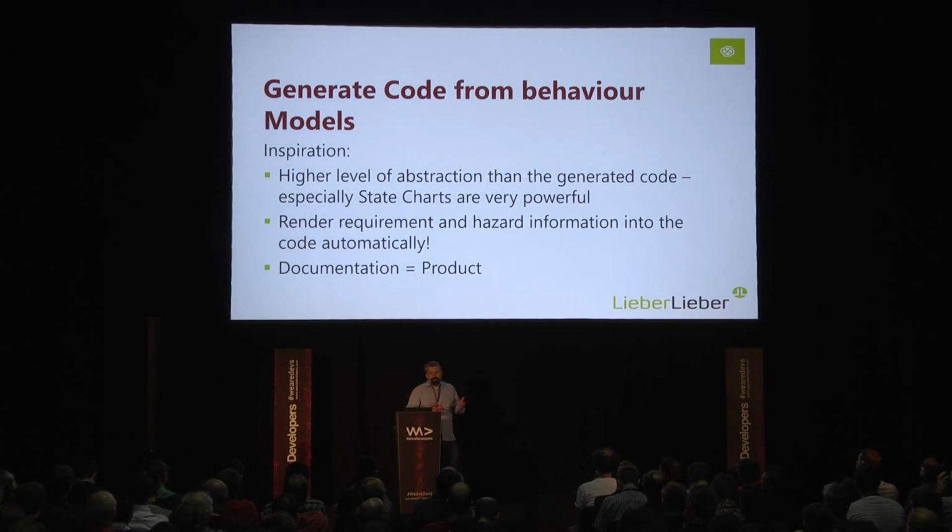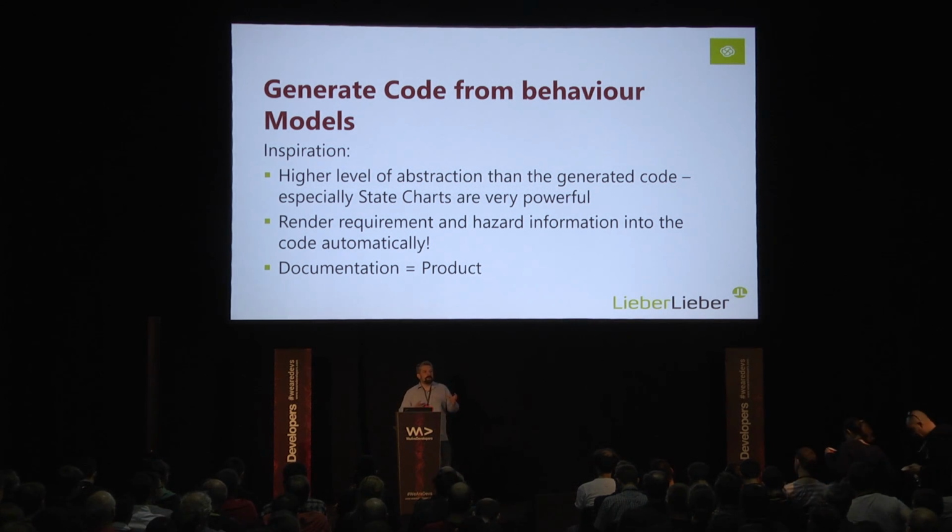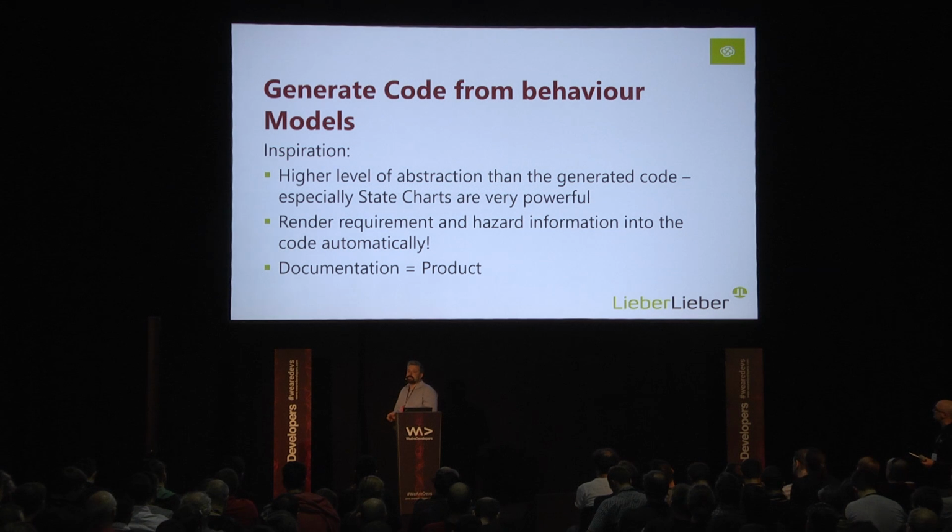One of the biggest, obviously, is that you have a higher level of abstraction that helps you to discuss stuff with your domain experts or with your testing people. Never underestimate the value these whole models have when you have to collaborate with your test department. And that the documentation equals the product, which is pretty nice, because who likes documenting?